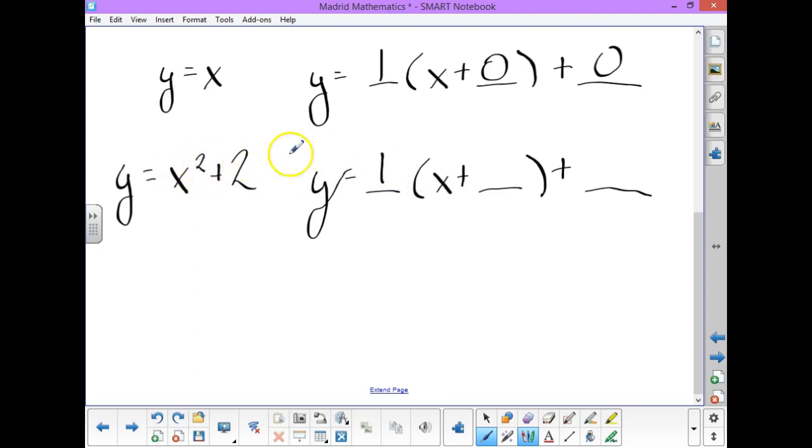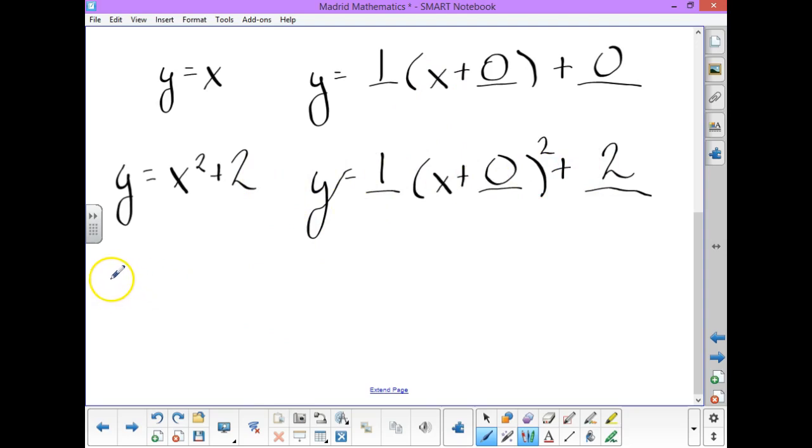I do notice I have a square, so the square goes up there for quadratic. I have a plus 2, but notice that it's not inside the square. So inside the square there's nothing, I'll put a 0. Outside the square there's a 2. That's where I would apply the instructions from the transformations above.